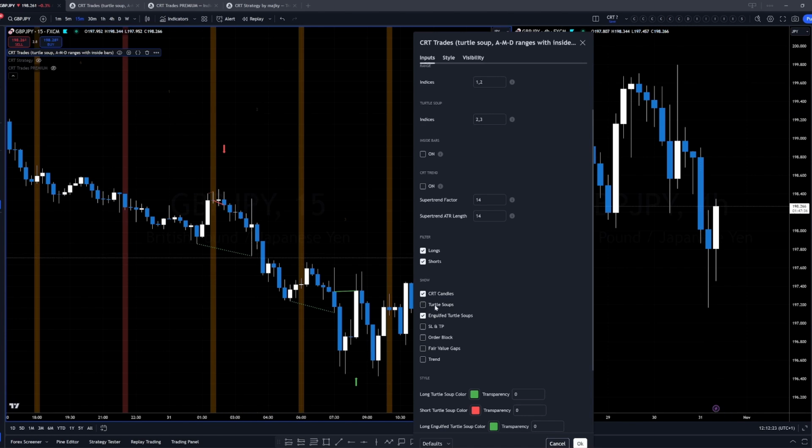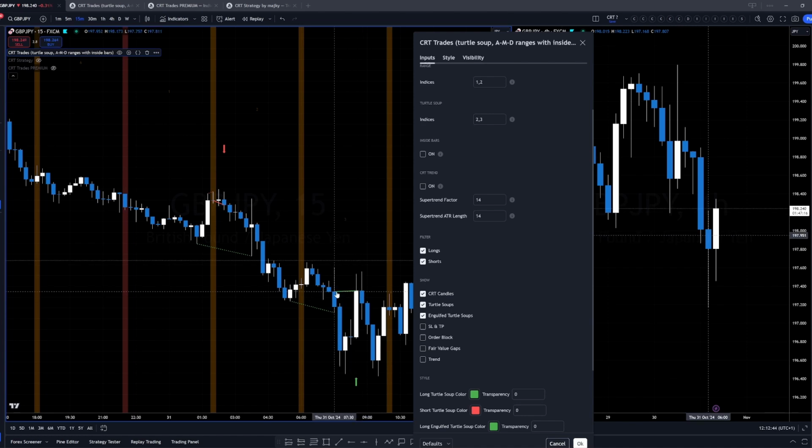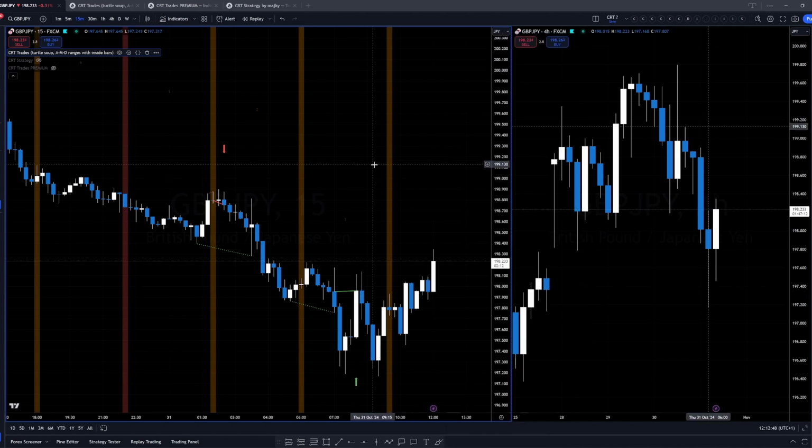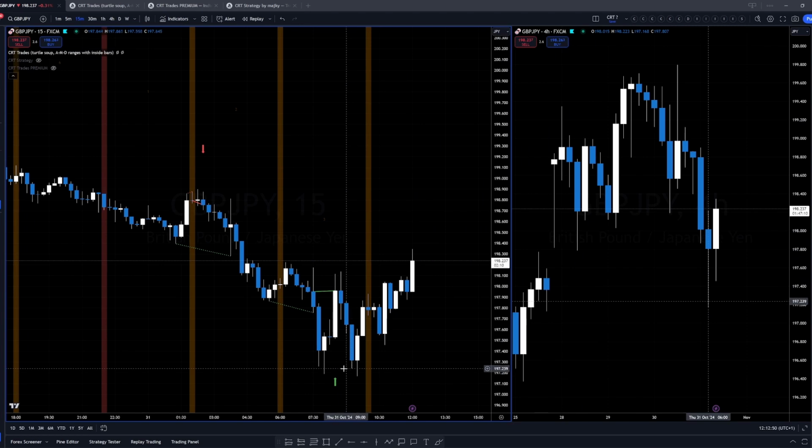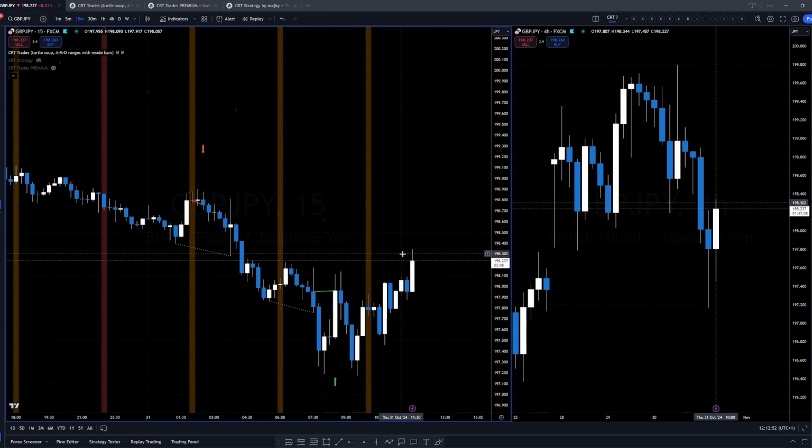You can hide or show turtle soups and engulf turtle soups, which means these solid lines. So here we have a turtle soup of this range low, and here we have engulfed, or closed above, the body of this turtle soup, right? Then we want to look for long trades, and as you can see, the price went up.